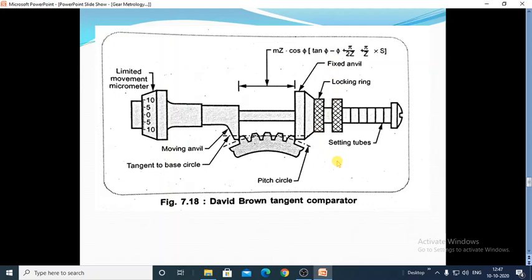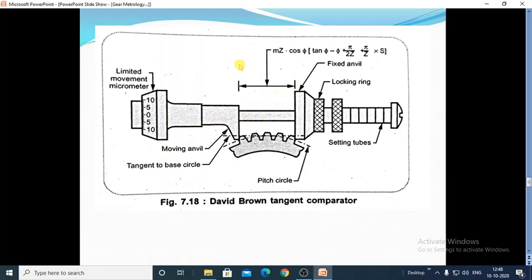For setting, first the fixed anvil is adjusted to the desired place by spacing collars put between the disc and the head screw. Then the movable anvil is adjusted, having a slip gauge combination between the anvils.